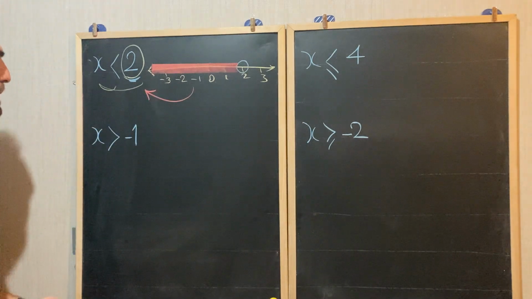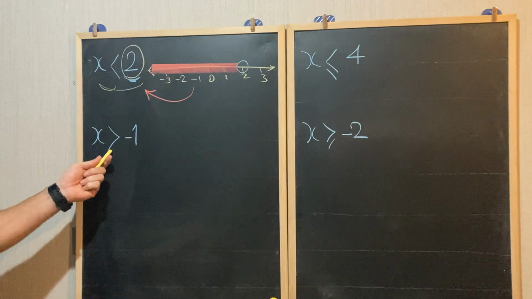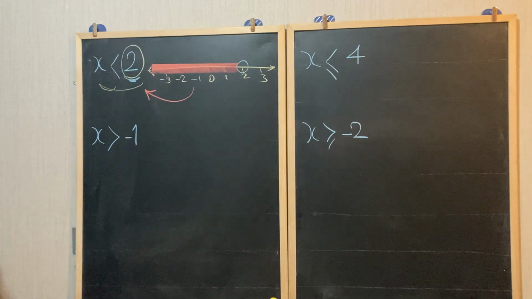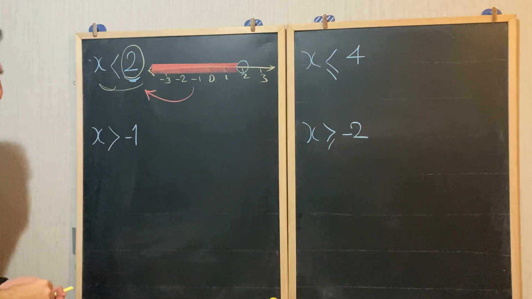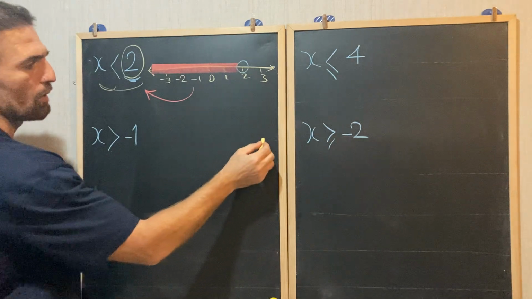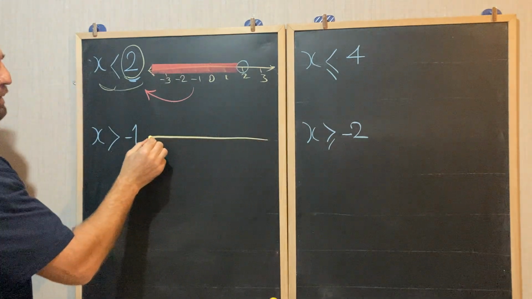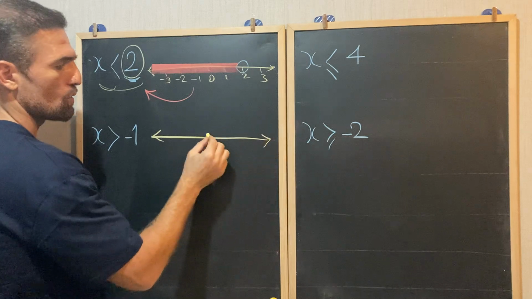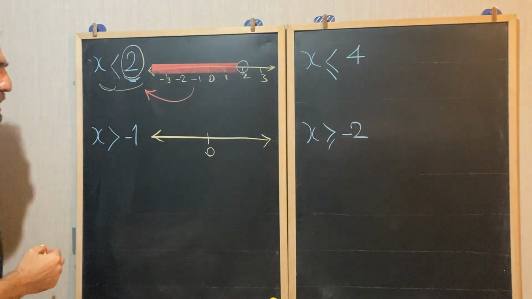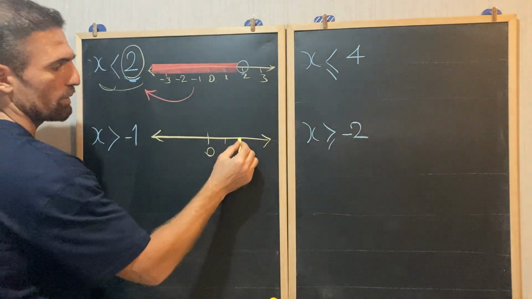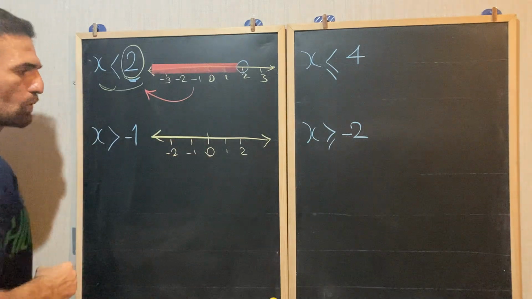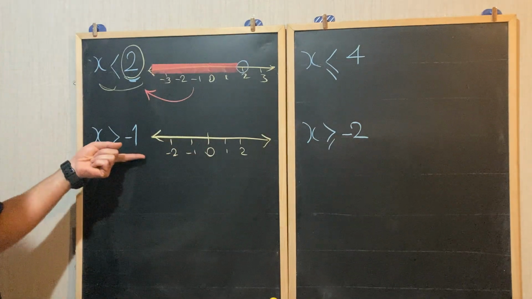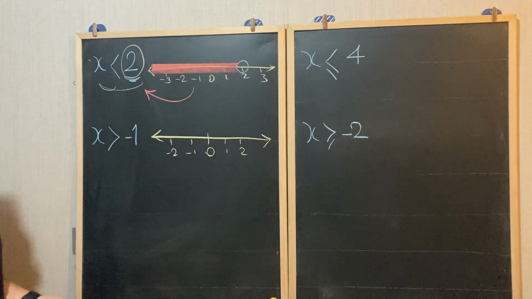Next example. It says x is greater than -1. Exactly like the last question, at first we need to graph a number line and show numbers on this number line: 1, 2, -1, -2. Next step, find this number, -1.